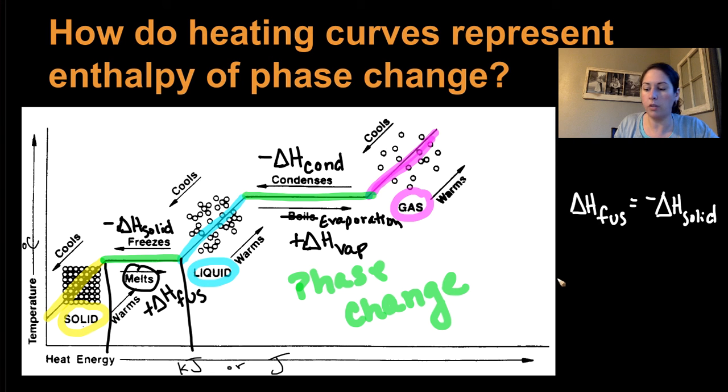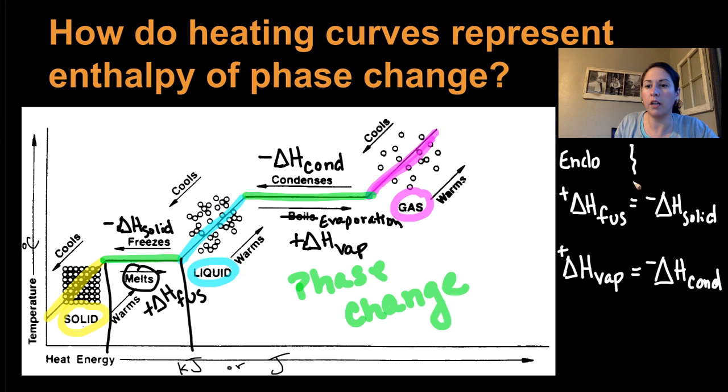And we also see that delta H of vaporization is equal to the negative delta H of condensation. Interestingly, these ones that are positive, I didn't write the positive there, but we could. These ones are going to be our endothermic, and these ones over here are going to be our exothermic.